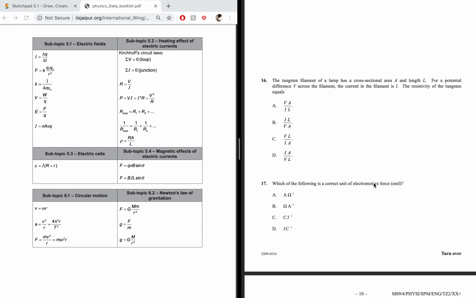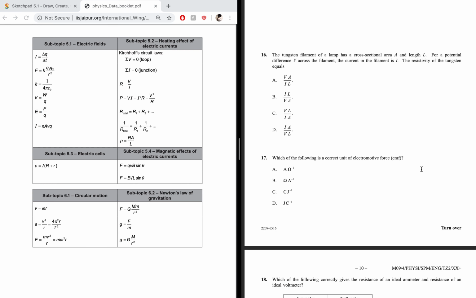Okay, let's look here. The tungsten filament of a lamp has a cross-sectional area A and length L, with a potential difference V across the filament, and the current is represented with I. The resistivity of the tungsten equals... Okay, so we have a formula: resistivity equals resistance multiplied by cross-sectional area over length.